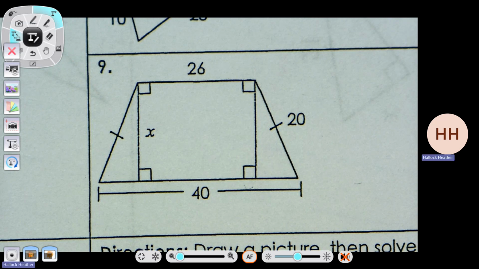Geometry, math isn't terribly hard. Yeah, that's right.